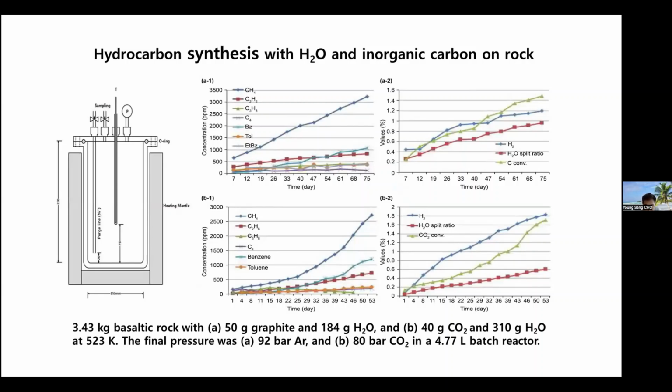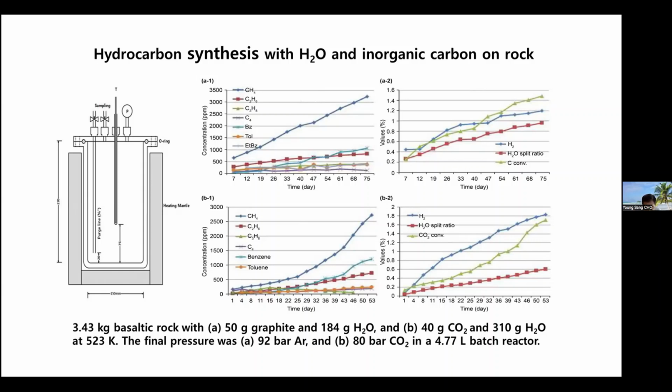This slide shows the results of hydrocarbon synthesis with water and inorganic carbon on basalt. Experiment A with graphite lasts for 75 days, and experiment B with carbon dioxide lasts for 53 days at the reaction temperature of 250 degrees.